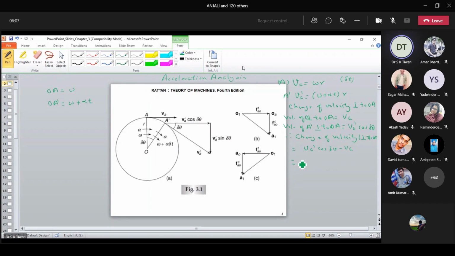VA dash is omega plus alpha t into R, times cos of delta theta, and VA is equivalent to omega R. Therefore, rate of change means acceleration.